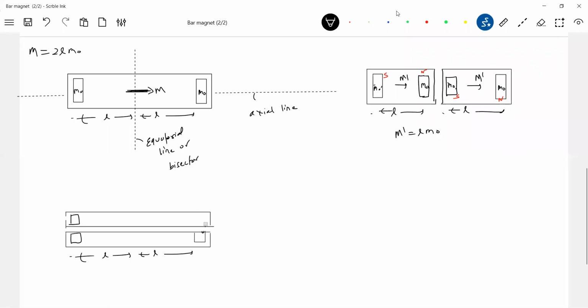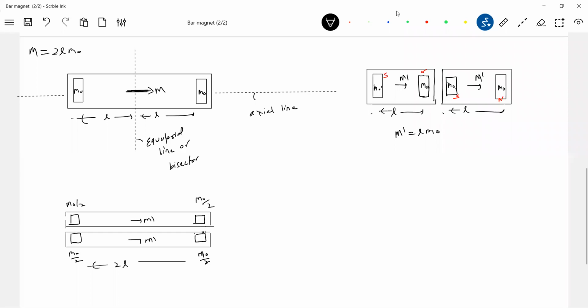Now what happened to the geometric length, or the magnetic length? It has remained, and the pole strength is going to decrease. It will become half. So m naught by 2, m naught by 2, and this is 2L. So this is M dash.